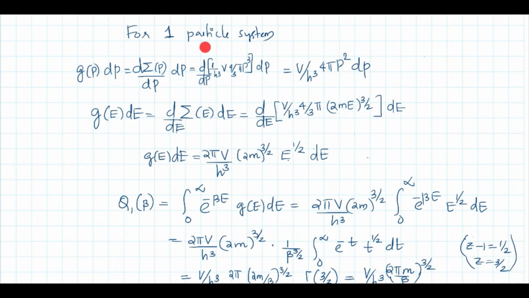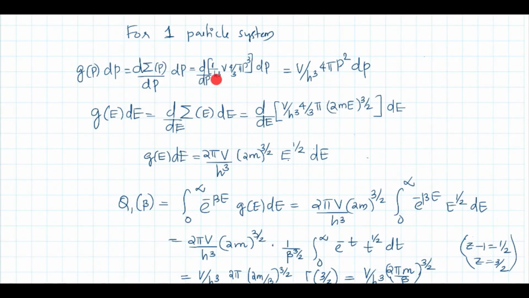Now, if you consider a one particle system, the density of states is in terms of momentum. I can write it as g of p dp. It is the number of microstates having momentum between p and p plus dp. It is d by dp of sigma of p, where sigma of p is the number of states whose momentum lies between 0 and p. So that is nothing but 1 by h cube, the finite volume of a microstate in phase space for a one particle system.